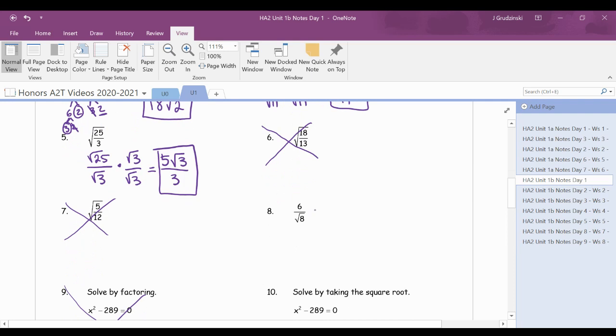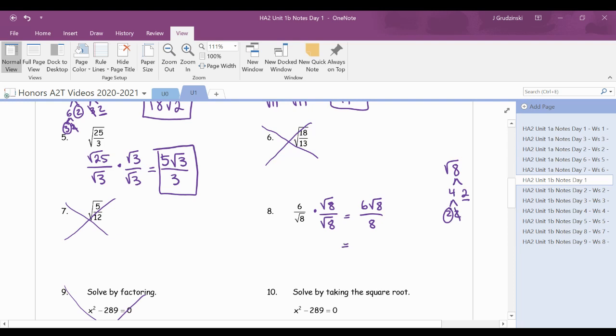So again, we have to rationalize the denominator. And so we have 6 root 8 over 8. And then root 8 we can simplify, because if we make a factor tree, that would be 4 and 2, which is 2 and 2. So we have a pair of 2's with a leftover 2.